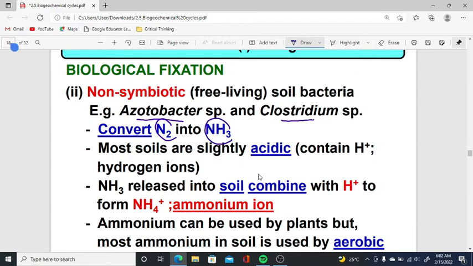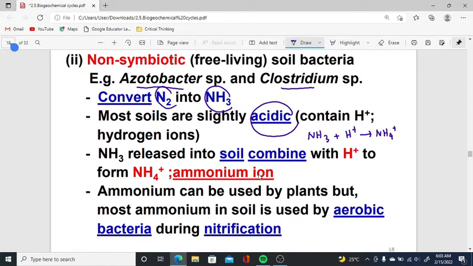Okay, and then most soil are slightly acidic, contain hydrogen ion. Okay, so ammonia it will release into the soil combine with hydrogen ion to form ammonium. So ammonia combine dengan hydrogen ion akan membentuk ammonium, NH4+.